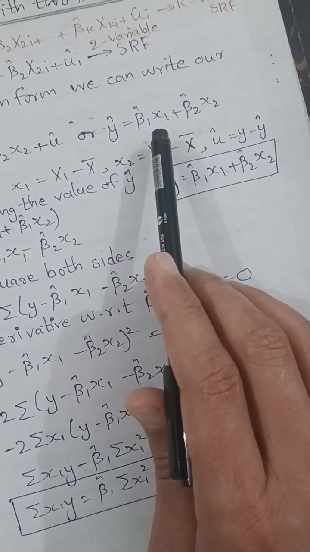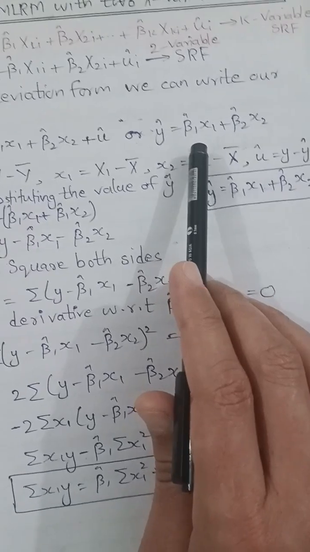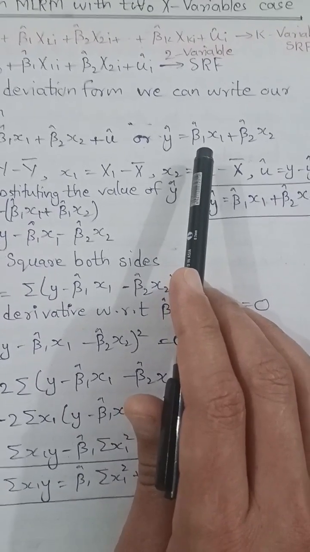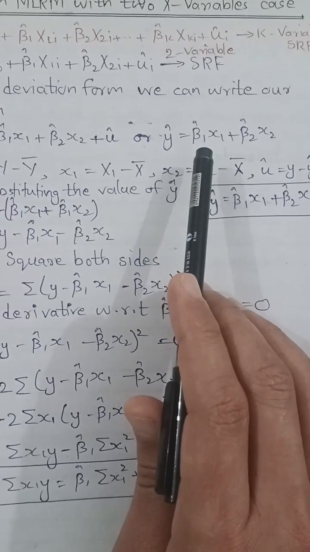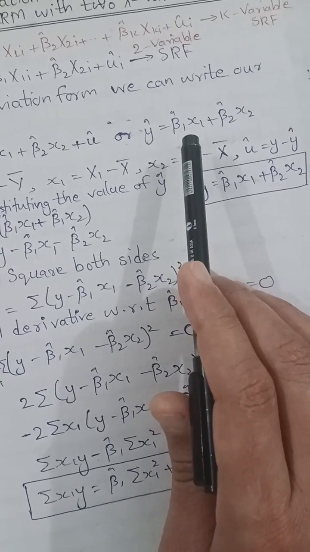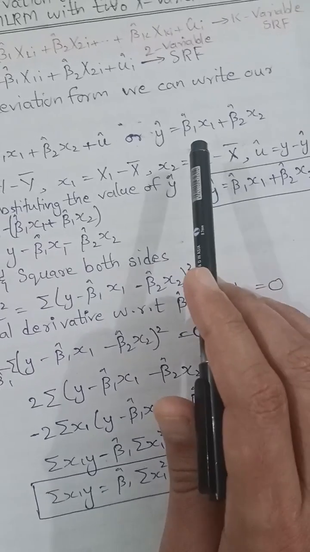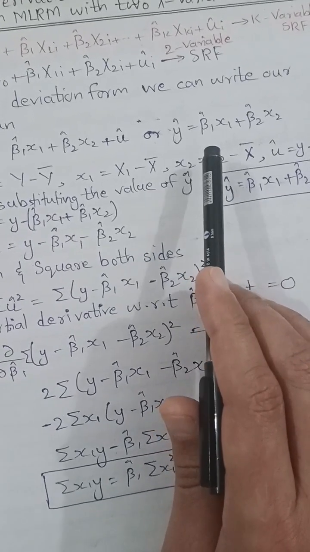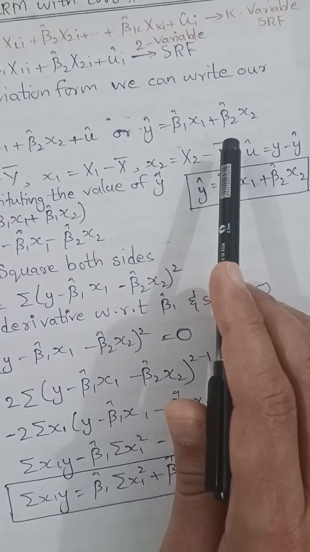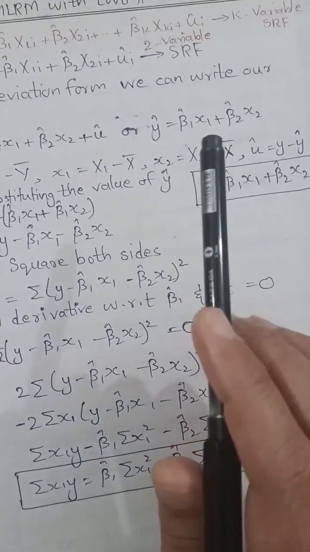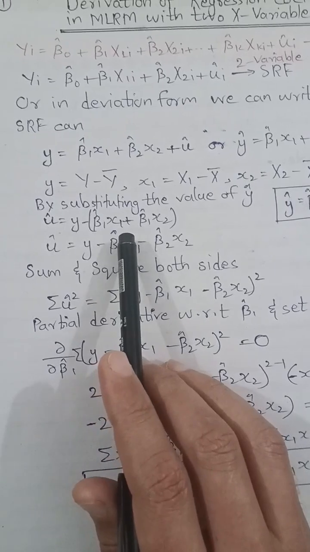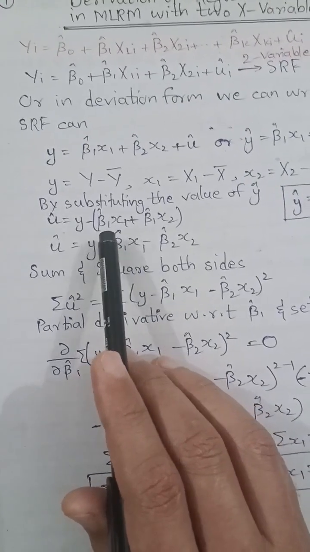You can see that here there is no intercept, there is no beta naught hat, because in deviated form of regression there is no intercept. I showed it to you earlier in the previous lectures that when we write the regression equation in deviated form, there is no intercept because it is cancelled out. So the intercept is 0. Therefore, I have not written the intercept in this equation.